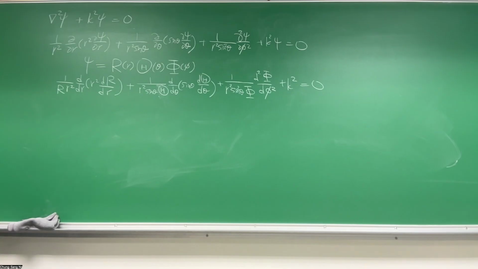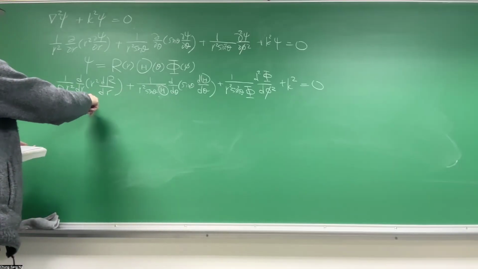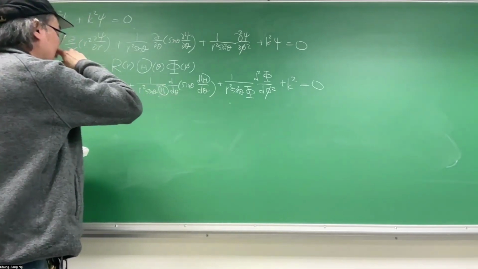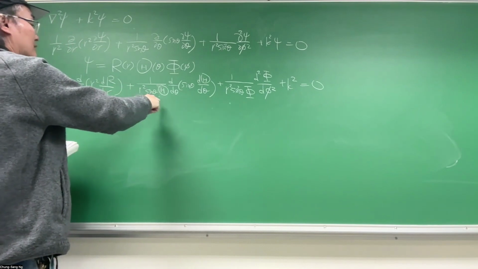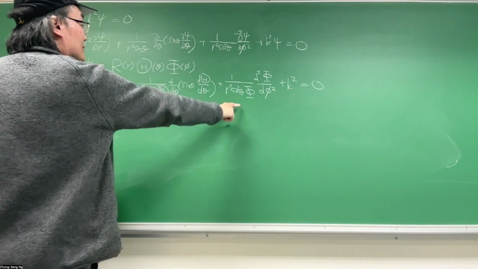Now the complication is that all three coordinates are mixed in the original sense, because they're all in the whole of the terms, and sine theta is in this term and also that term.